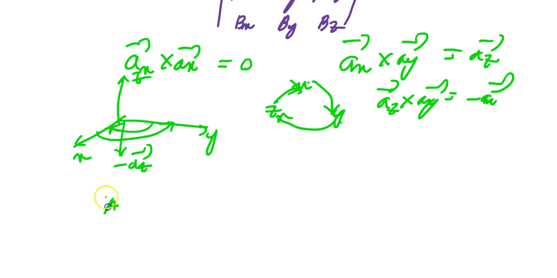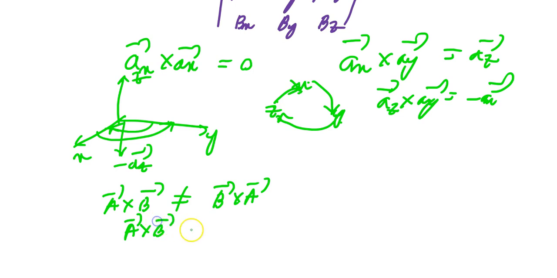Cross product is not commutative. A cross B is not equal to B cross A. In fact, A cross B is equal to minus of B cross A. It is not associative, but it is distributive.